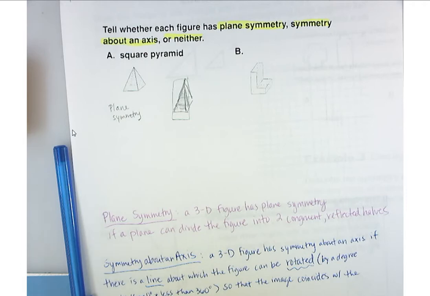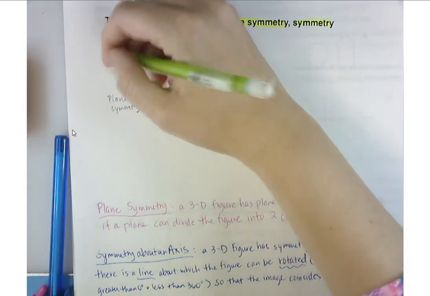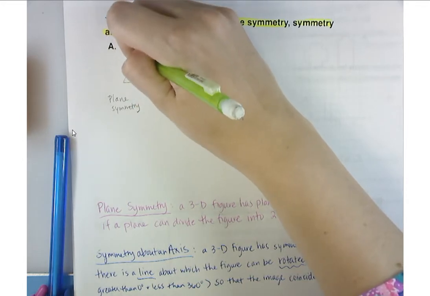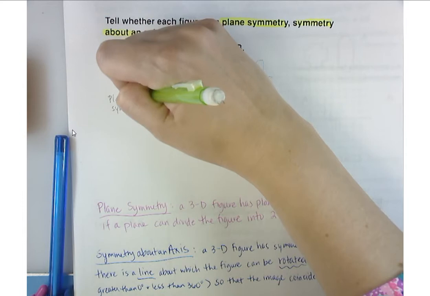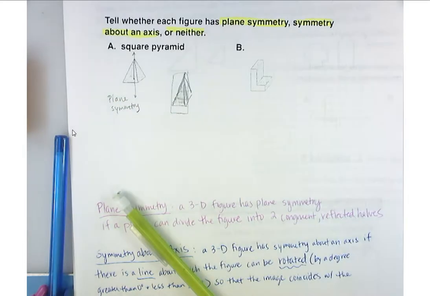Okay, and then let's talk about symmetry about an axis. So there should be a line about which the figure can be rotated so that the image coincides with the pre-image. So if you think of this line that goes through the center of the shape, would you be able to turn that a certain degree and have it look the same?